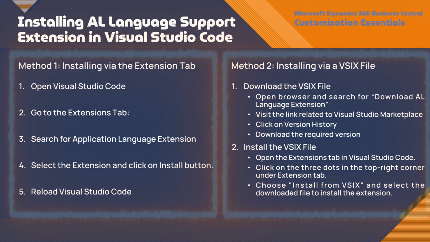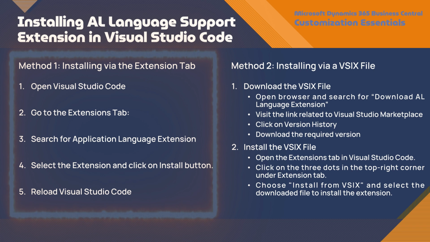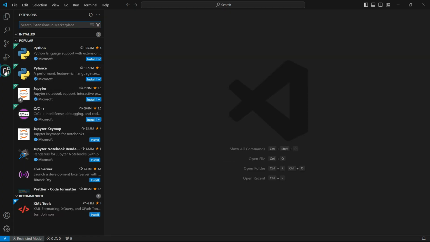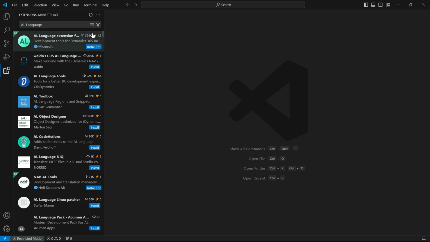There are two ways to install the AL language extension. Let's start with method 1, installing via the Extensions tab. Go to the Extensions tab in Visual Studio Code and type AL language in the search box.